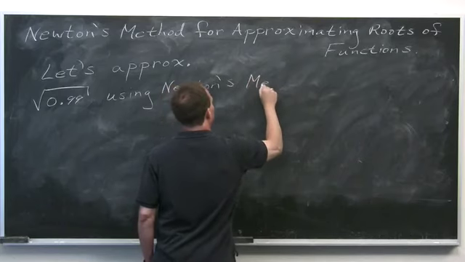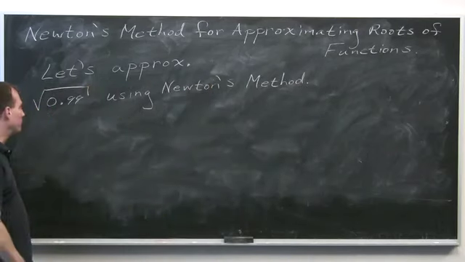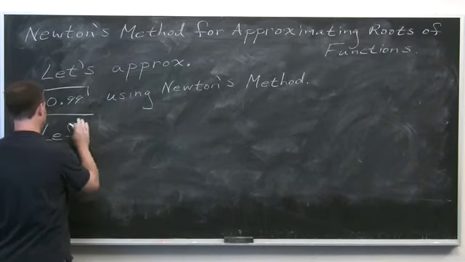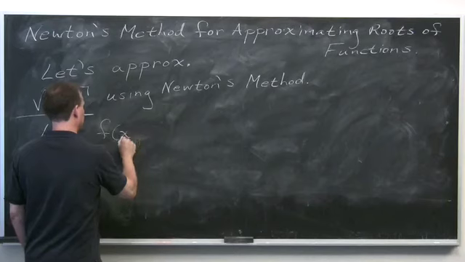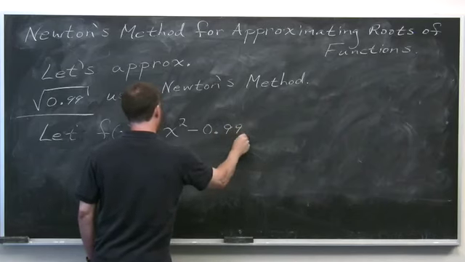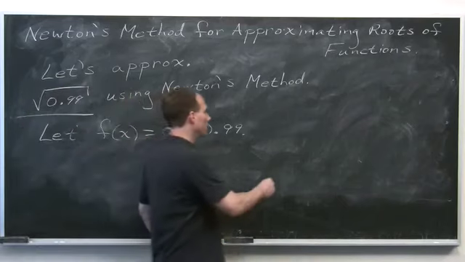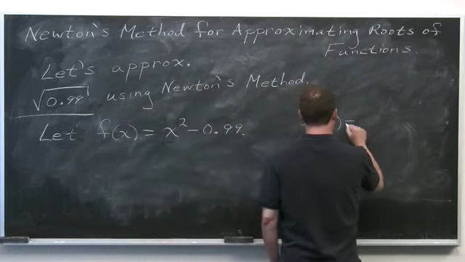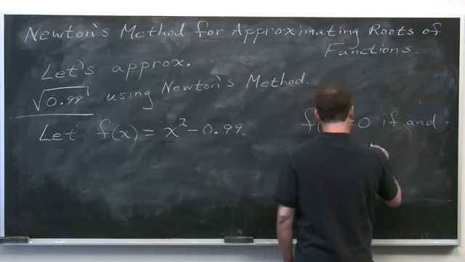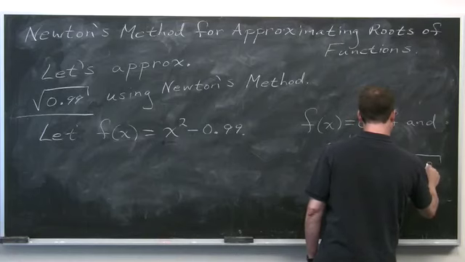First, Newton's method is a method for finding roots of functions. So we need to write this thing we're after as the root of a function. Well, that's not difficult. So let f of x equal x squared minus 0.99, so that the roots of this function are exactly where this equals 0, so that f of x equals 0 if and only if x equals plus or minus the square root of 0.99.